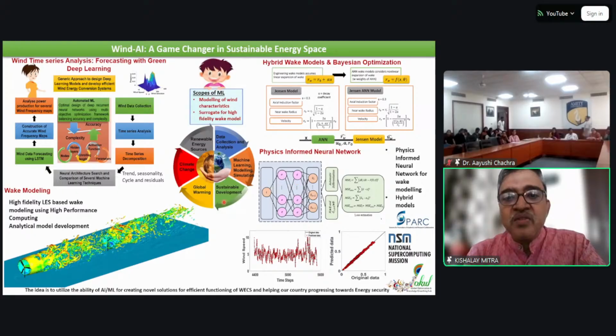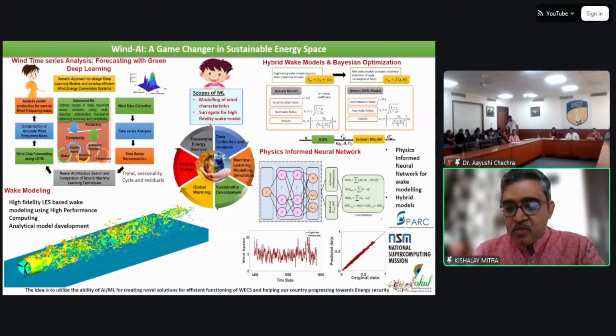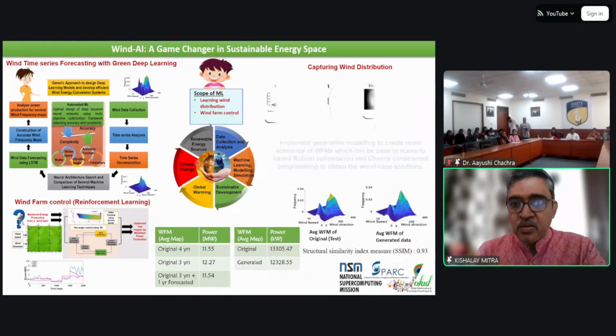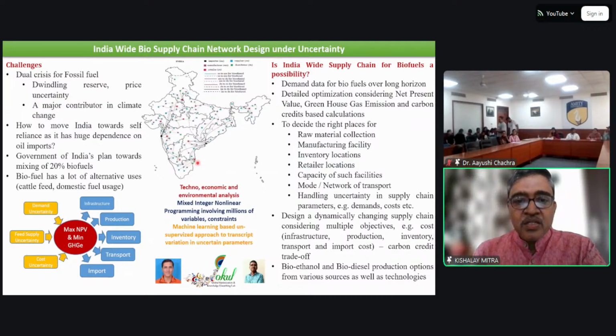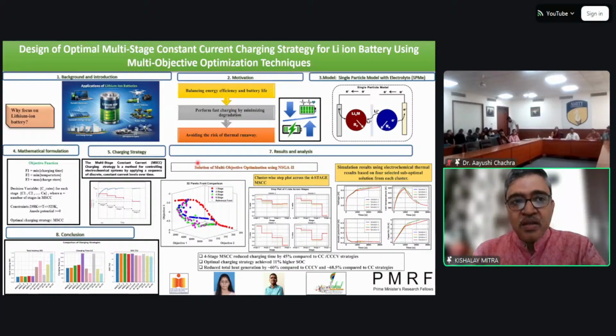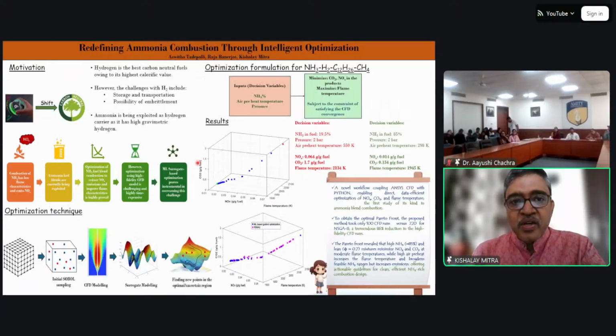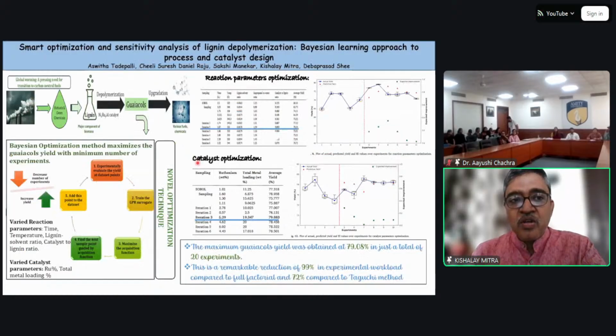So this has several aspects which we are taking care of through these various machine learning techniques. Okay, this is another bio supply chain problem which we have targeted again, and this is another problem of battery management system. This is probably how to make our combustion more efficient.